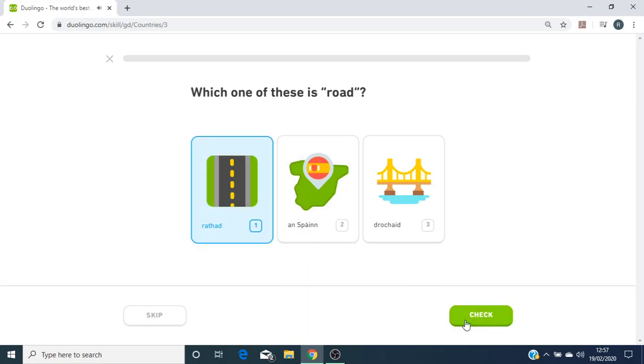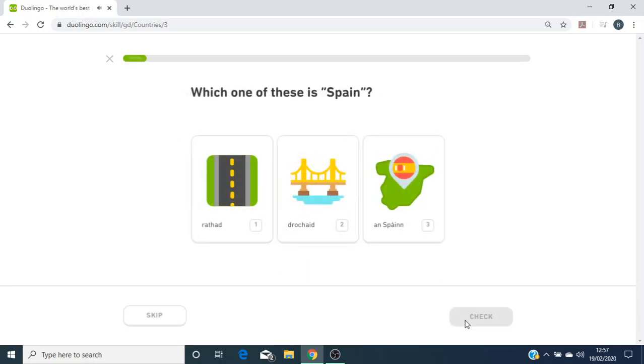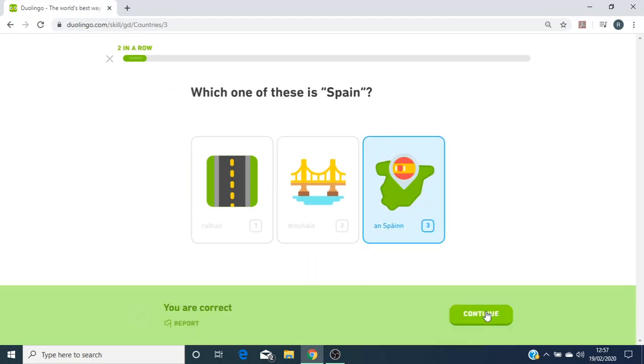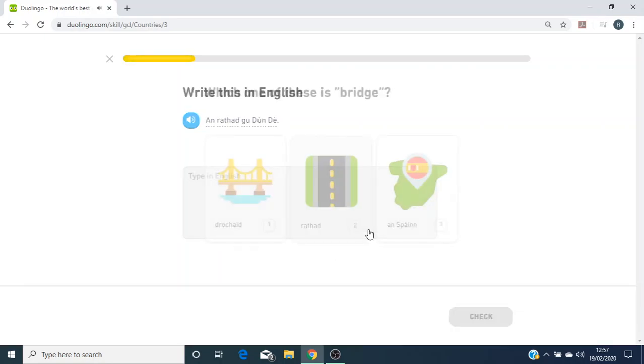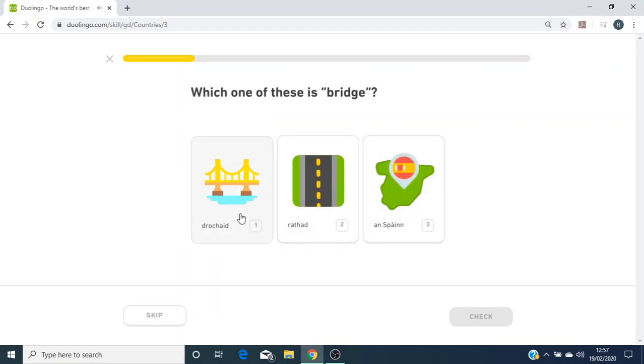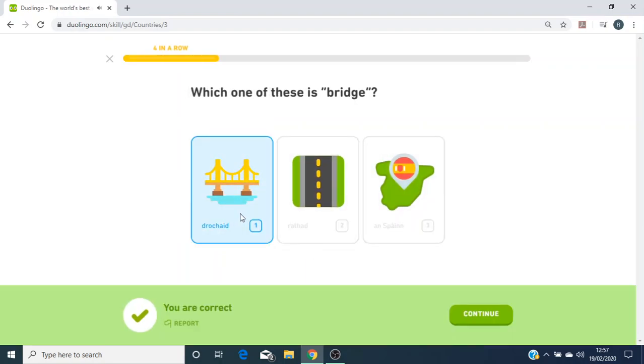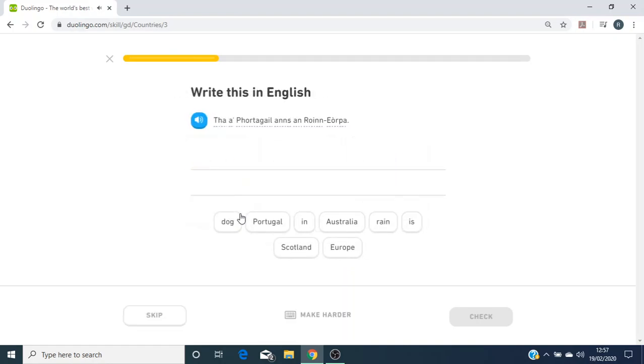We've come across that, and Spain. The road to Dundee. Prefer the road out of Dundee, but hey. We've had that already. Portugal is in Europe.